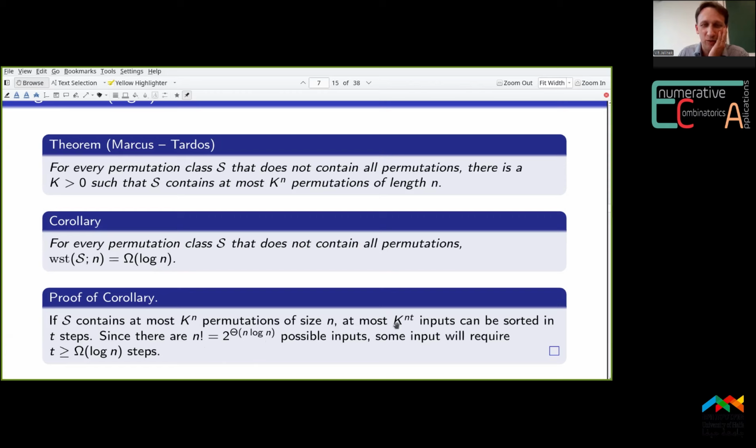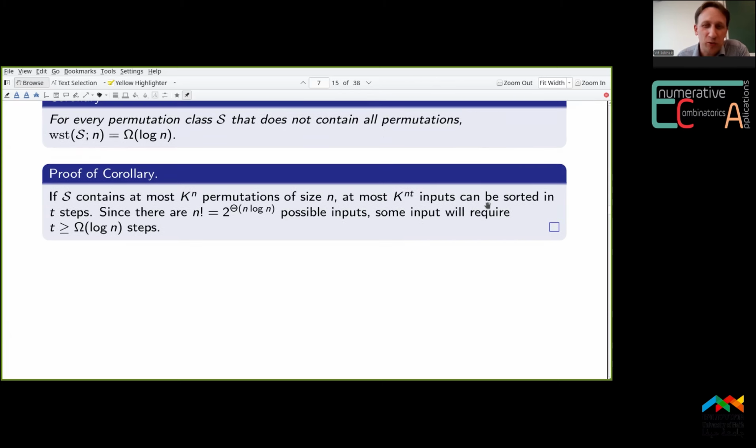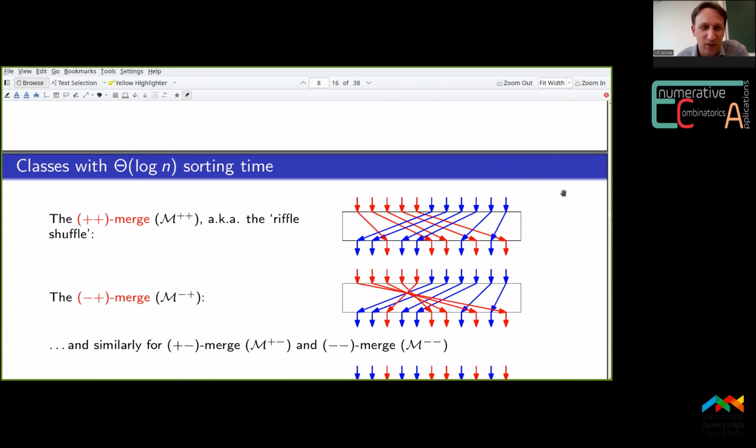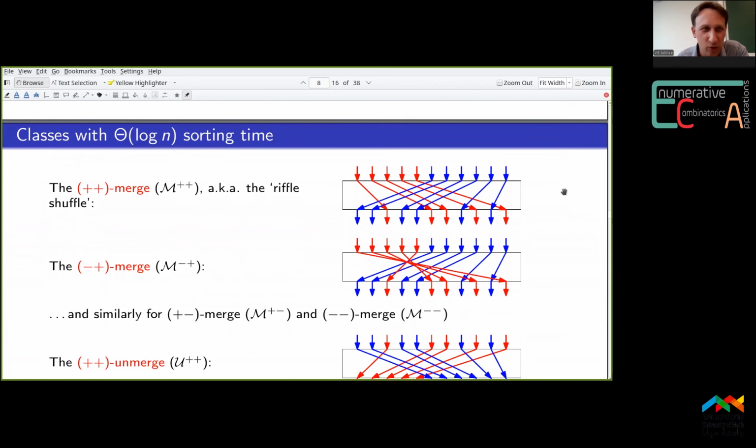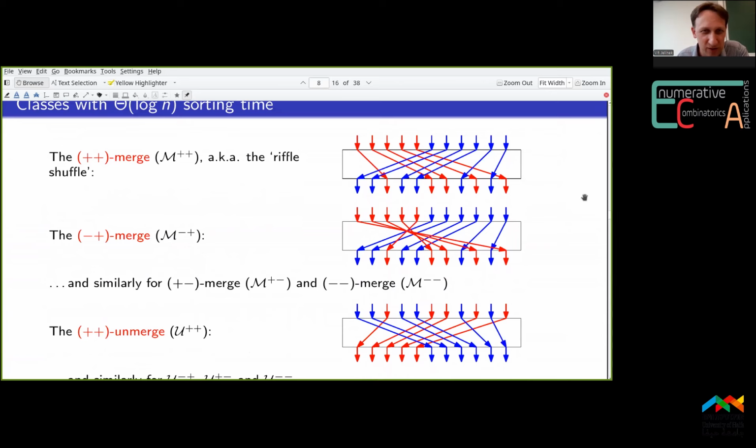So if I want to sort n factorial different inputs, I'd better have this t factor here to be at least of the order of log n. And that's how we know that at least log n steps are needed for any proper permutation class. And there are proper permutation classes for which log n steps is the correct order. Let me show you several such classes which will play an important role in what will follow.